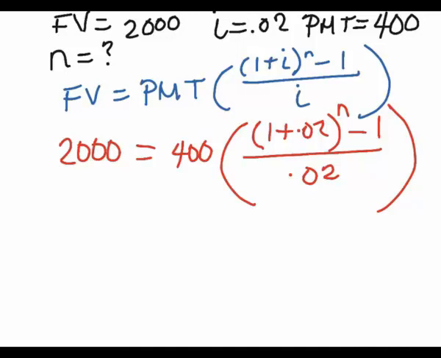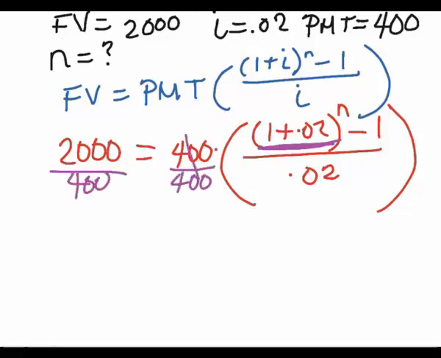Now, this right here, you guys, let me get a different color. This is the exponential expression because that is the only thing that's being raised to the n power, which means we can get rid of everything else. And how I'm going to do that is this is 400 times all of that, so I'm going to divide both sides by 400. That's gone.